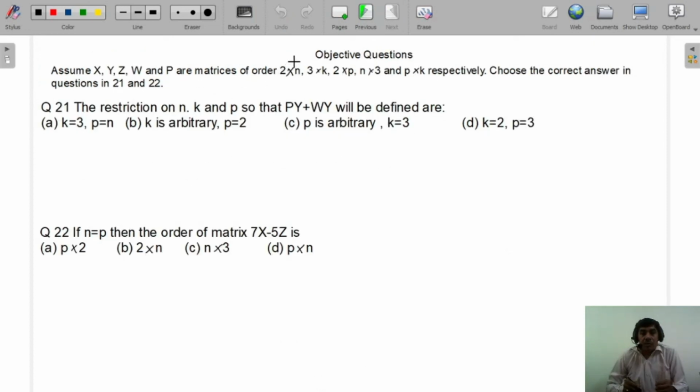Now the objective questions based on this exercise. Assume capital X, capital Y, capital Z, capital W and capital P are matrices of order 2 by n, 3 by k, 2 by p, n by 3 and p by k respectively.